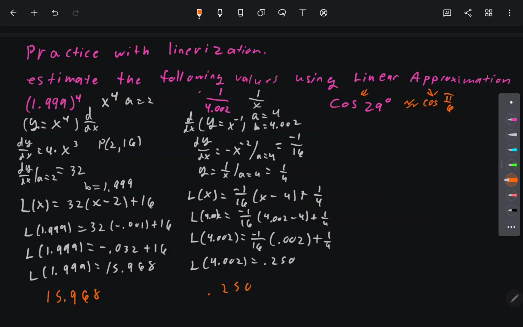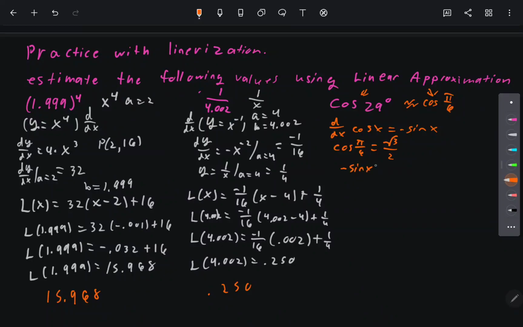So, the derivative with respect to x of cosine of x, well, we should already know this to be negative sine of x. Cosine of pi over 6 is going to be equal to square root of 3 over 2.